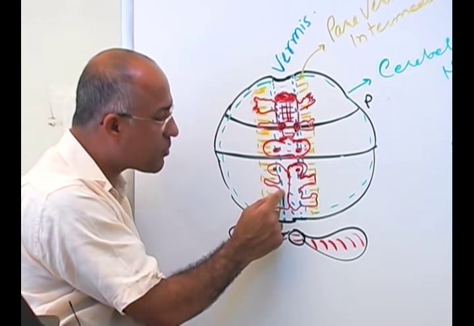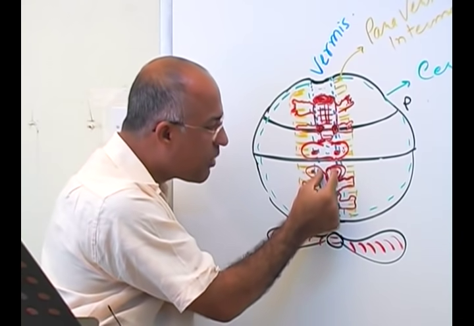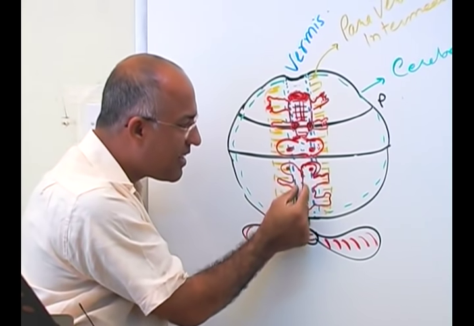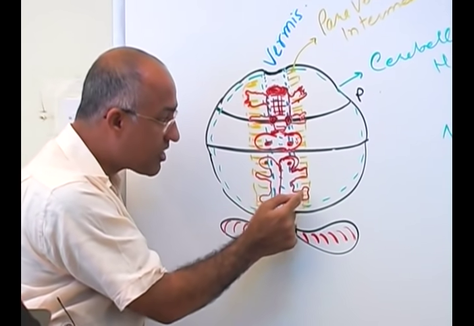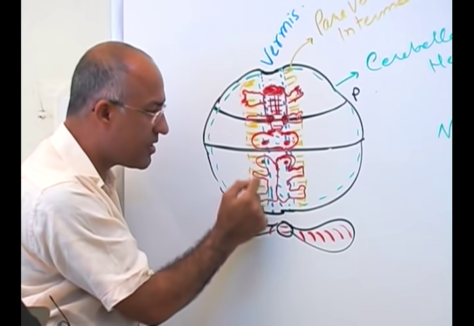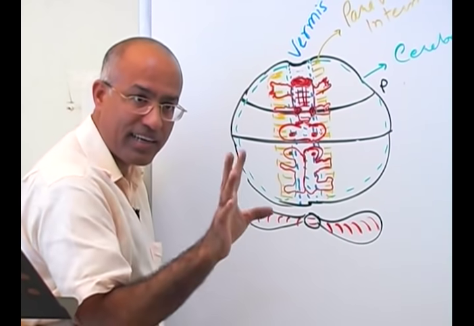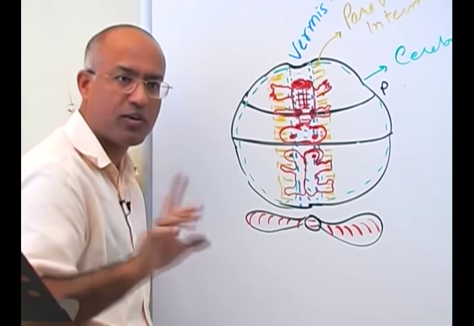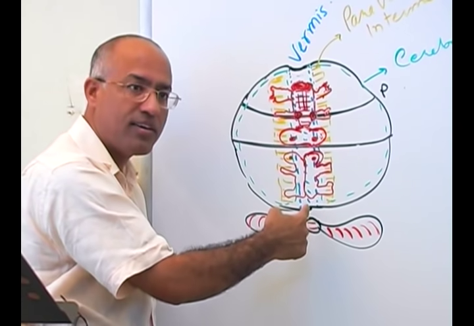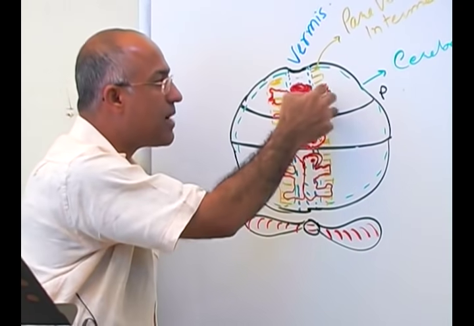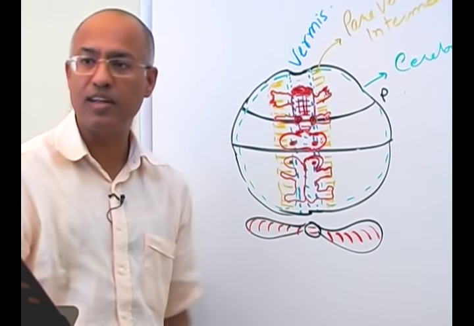Another homunculus is present, but of course there are two parts, and the special thing is that still the vermal area is controlling the neck, trunk and hip region. And still the paravermal is controlling, what is this? The distal part of the limbs. Is that right? So there is more than one homunculus present over there, and vermal areas are concerned with truncal, and paravermal are concerned with what? The distal part of the limbs.